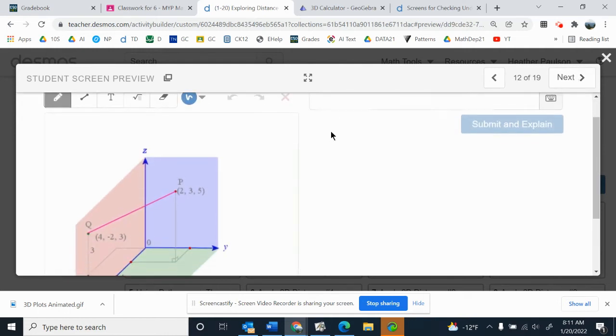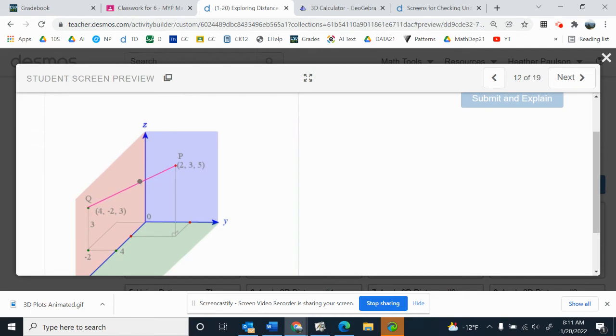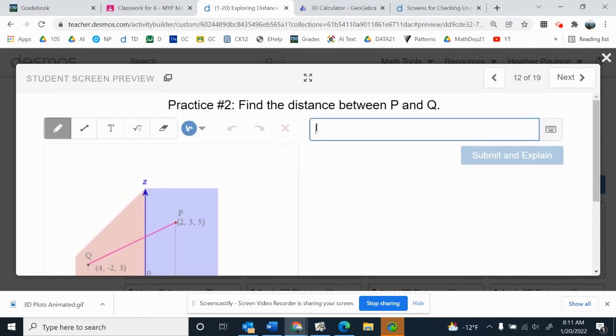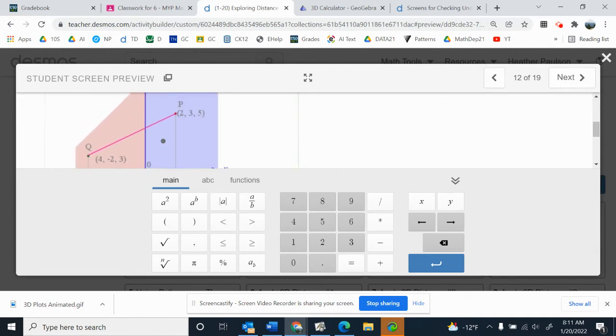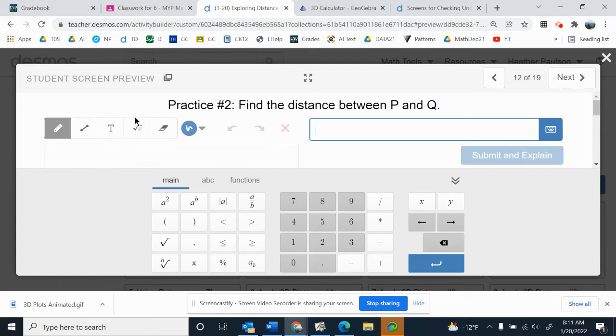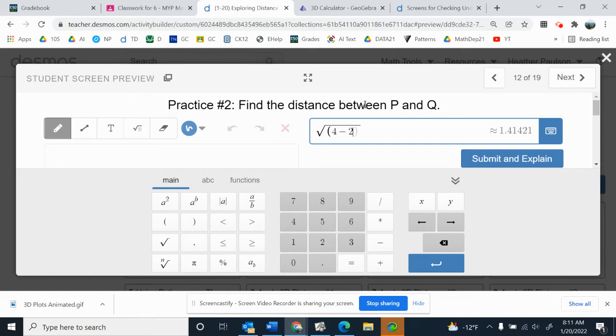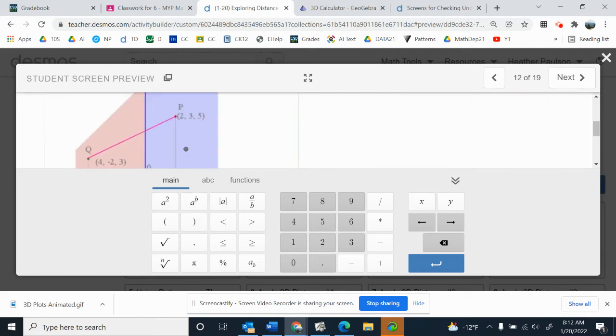Next, find the distance between P and Q. And so what we want to do is take the square root and find the difference between the x coordinates, the y coordinates, and the z coordinates. So 4 minus 2 after the square root, close that parentheses, squared.